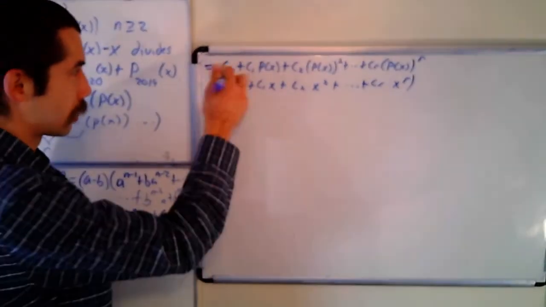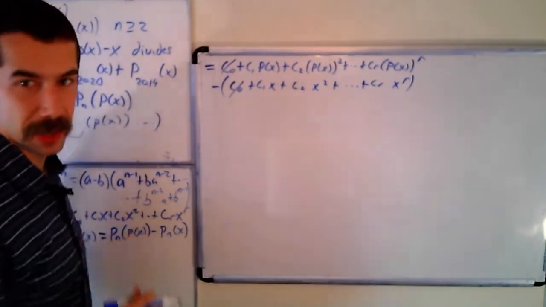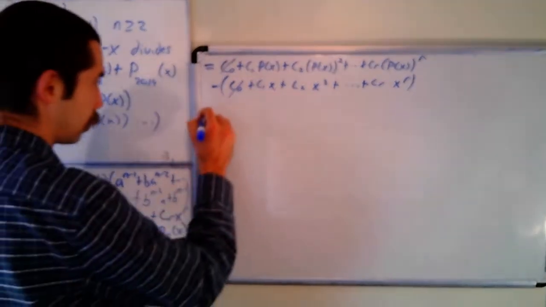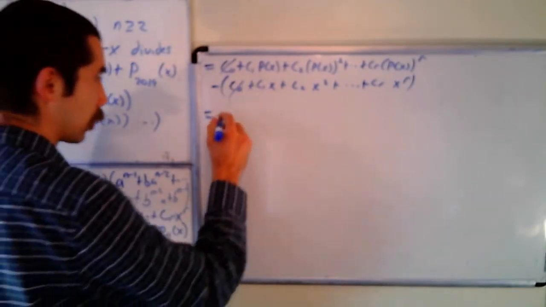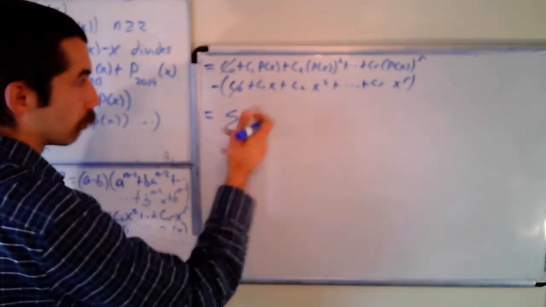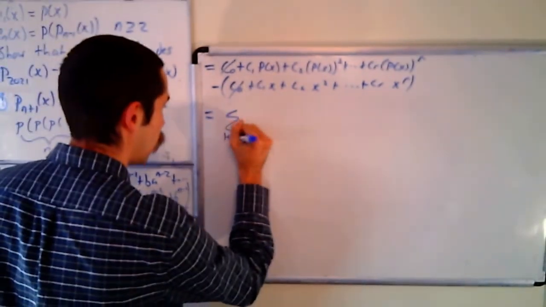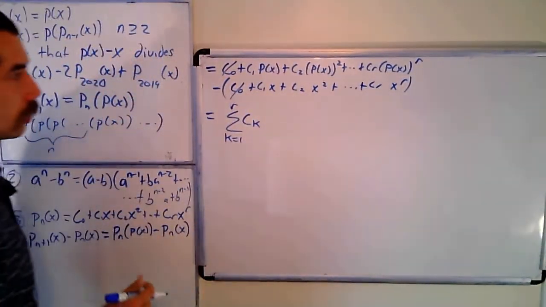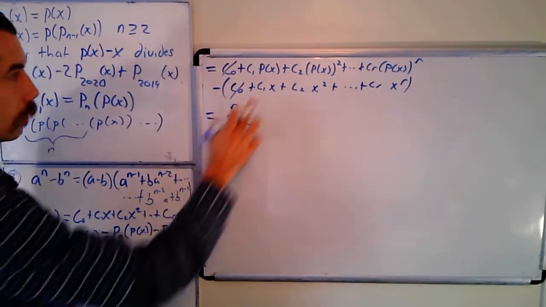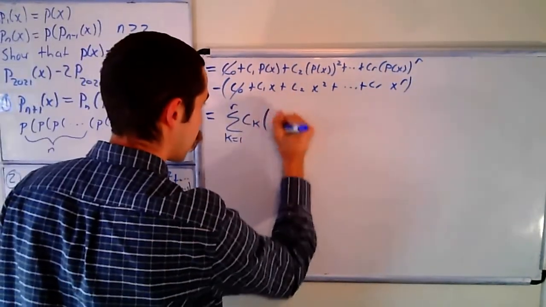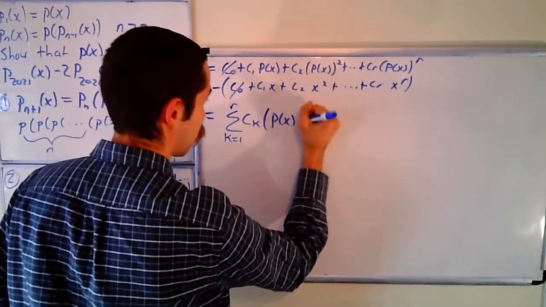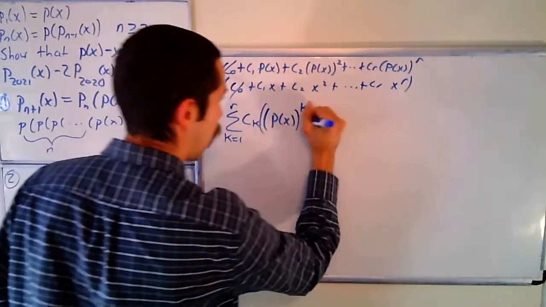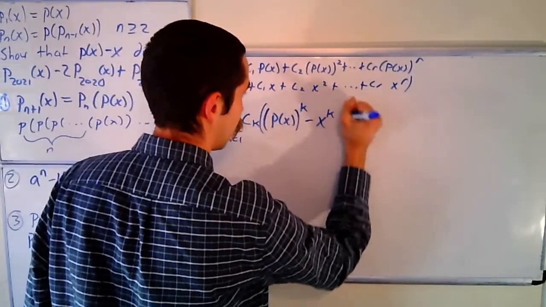Okay, notice constant terms cancel. And what are we left with? We're left with the sum from, let's say, k equals 1 to r of ck times p of x raised to the k power minus x to the k.